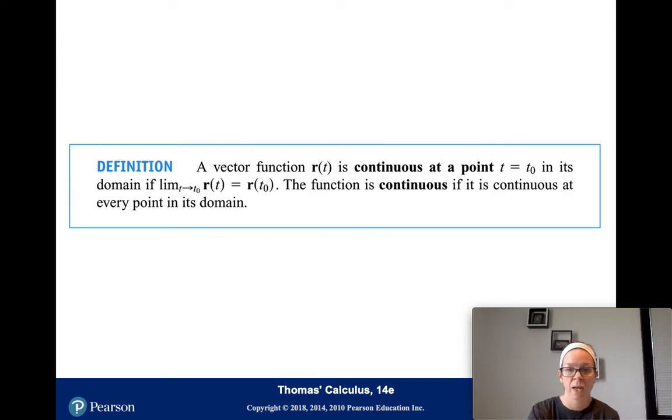We would say that a vector valued function is continuous if all three of the parts are continuous. If there's a discontinuity in any part, then that makes the whole function discontinuous. For example, if it was in the J part, that's kind of defining our Y motion. If there's a discontinuity there, it took a jump at some point, and so that would cause a problem for the whole motion of the particle.